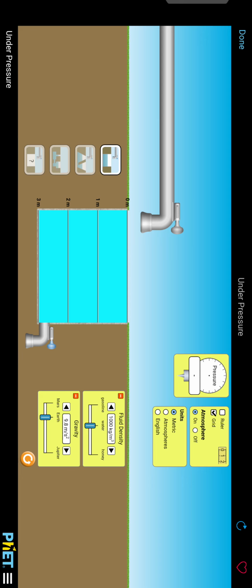Let us adjust the fluid density to see if there are changes when we adjust the density. Let's think of the fluid as honey, and see if its density will affect its fluid pressure.